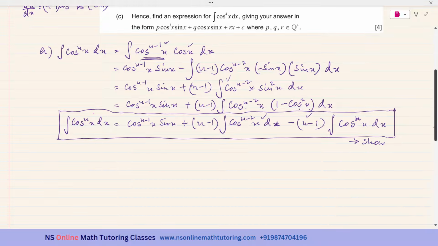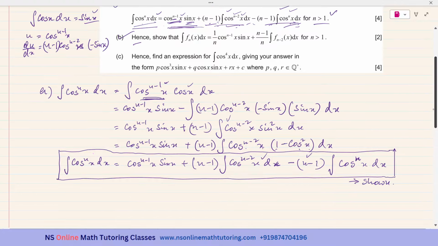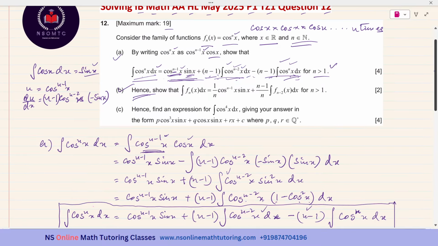Shown. Okay. And subpart B: hence show that the integral of fn of x with respect to x, that is the integral of cos^n x, is equal to this part.